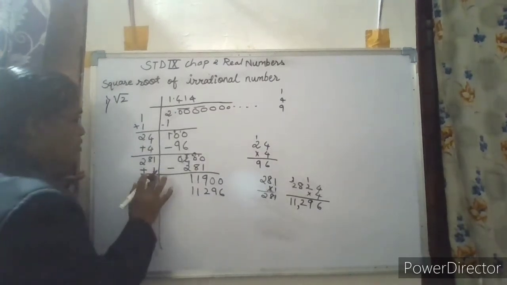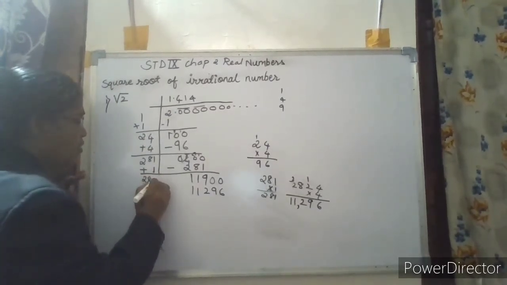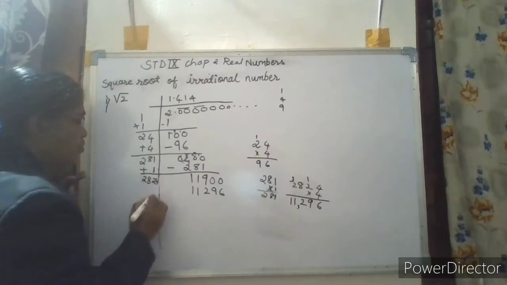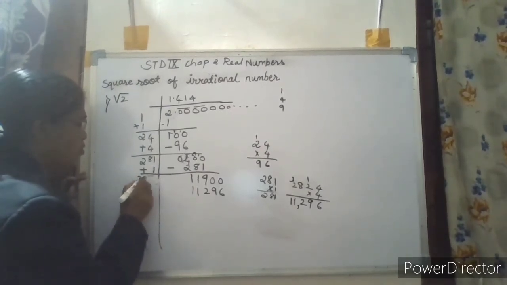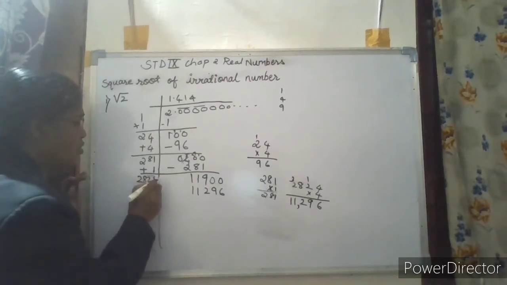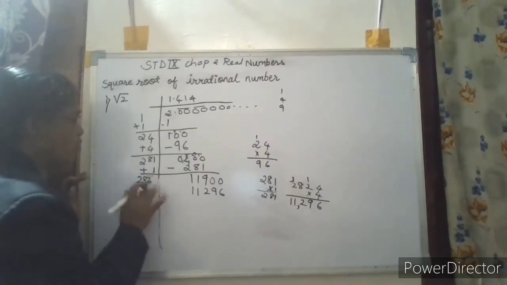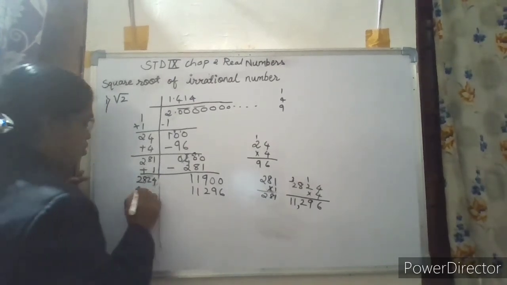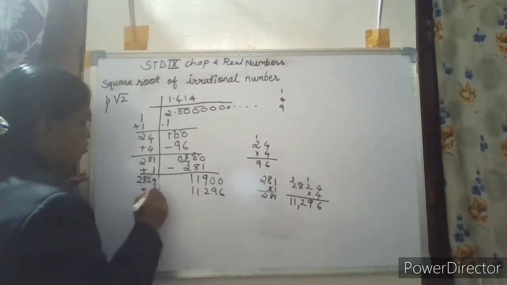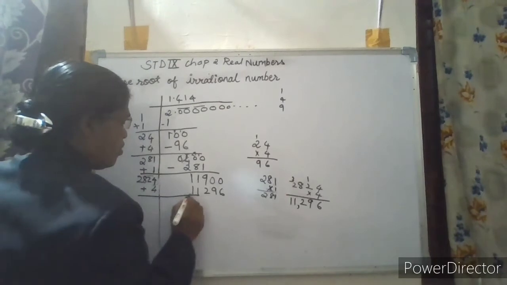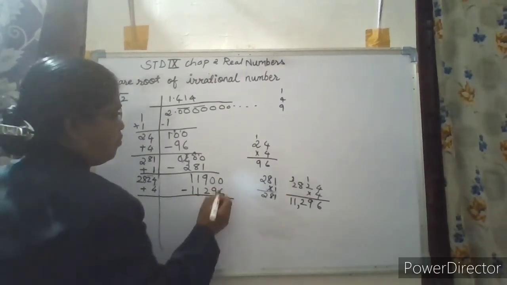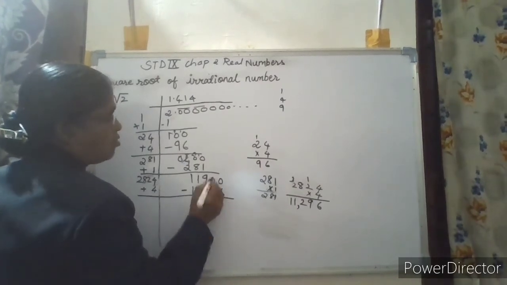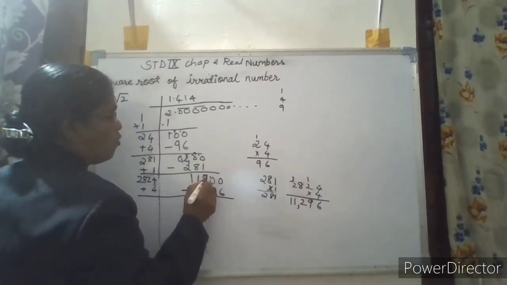So here, write 4. Plus 4 here. Minus. Now, 10 minus 6 is 4, borrow 1 here.